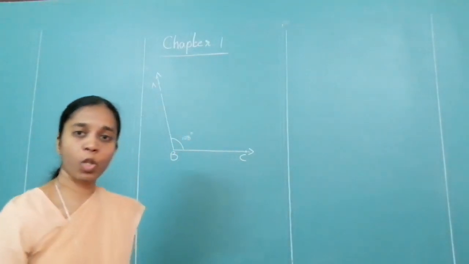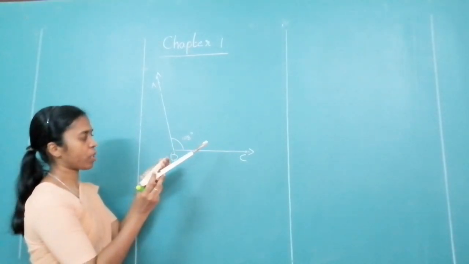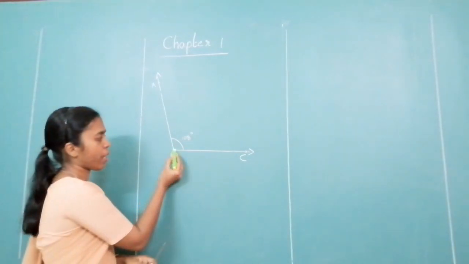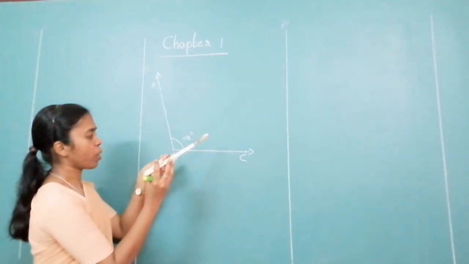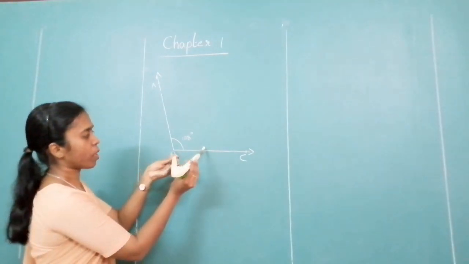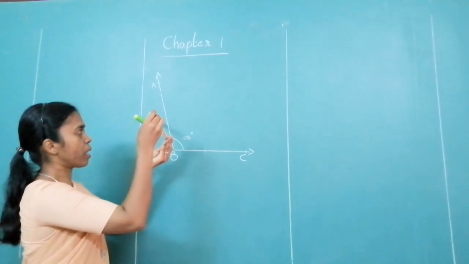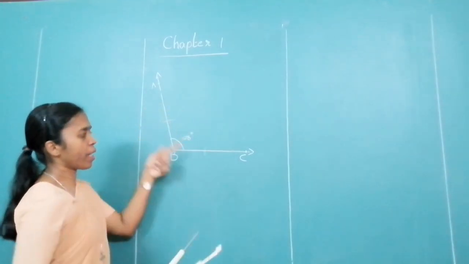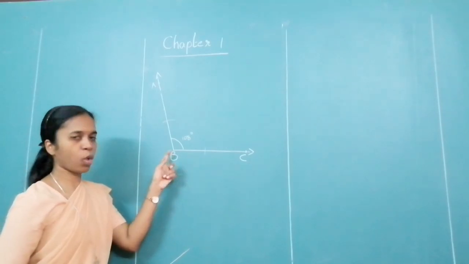Take your compass. Please pay attention. Take your compass, keep it. Where is my angle created? Angle it at this point, right? At B. So keep the compass on B and now draw the arcs, mark arcs of the same measure, on both the rays, on A as well as on C. Mark the arcs on both.